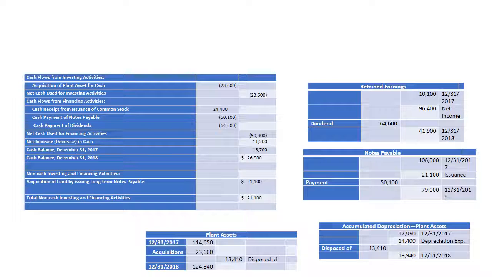Now, the next part of our statement of cash flow deals with our investing activities and financing activities. Remember, investing activities is where we look at long-term assets. Changes in cash due to these items. First of all, the land increased from $14,000 to $35,100.